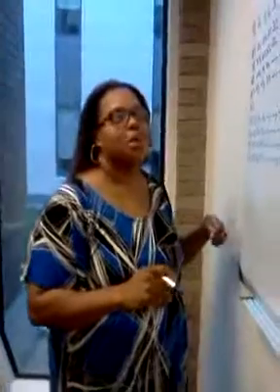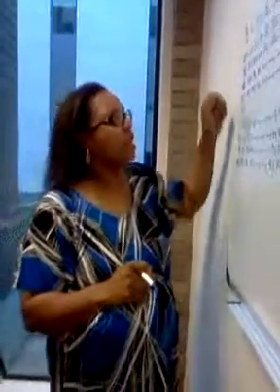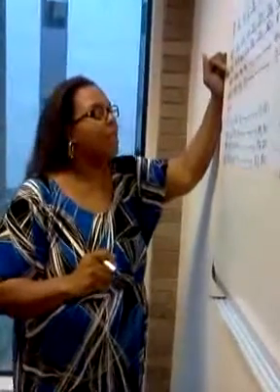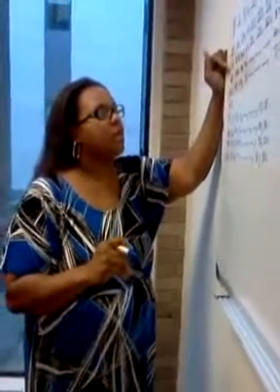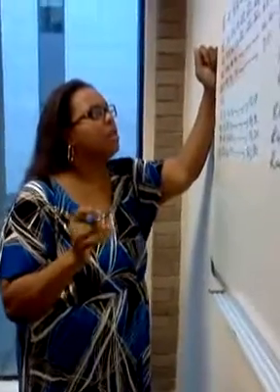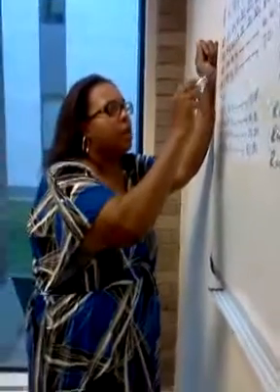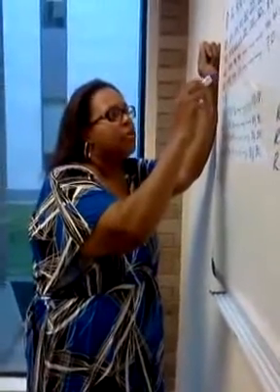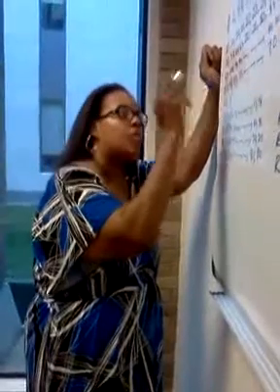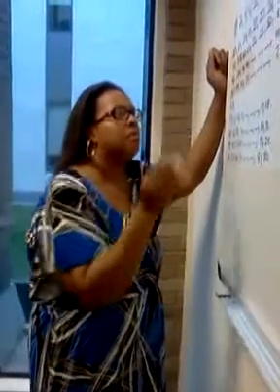Now let's try number 4. We're starting at 100, and the numbers seem to be going down. So we go from 100, and now we jump to 90. And from 90, we jump to 80.